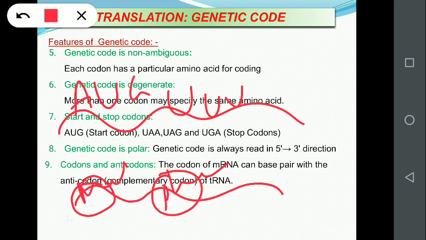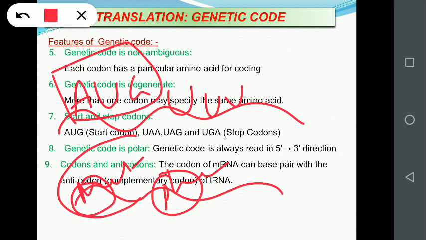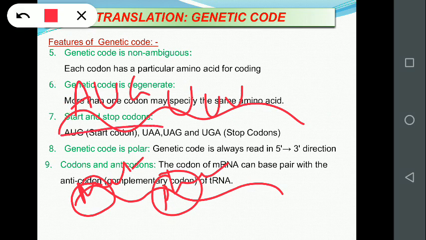Here the methionine. Now who is the one that can read AUG and place methionine at that position? That is the tRNA. So tRNA is the adapter molecule. It recognizes the AUG with one end and carries the amino acid methionine with another end.